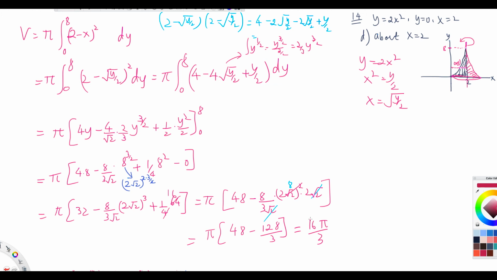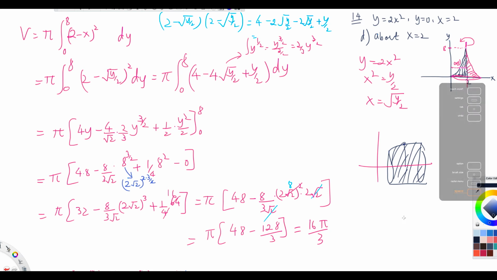If the solid has no empty space inside, for example if you are rotating around that axis, it will be just a solid like this, just a solid like that, right? So it is easy to find the radius here.